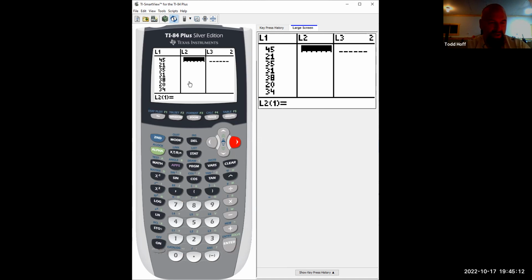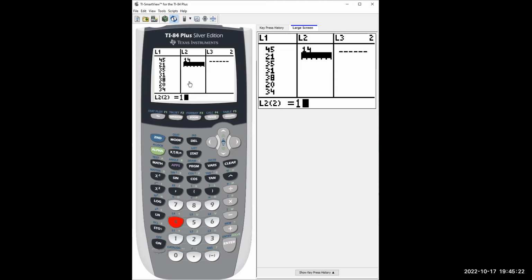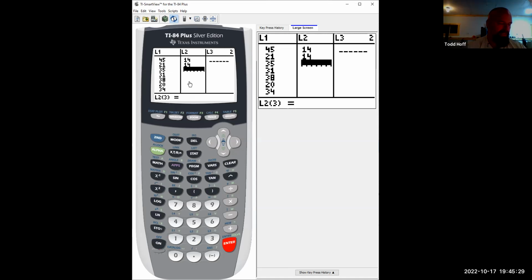List 2 then will be the other team scores, making sure we get them matched up with the right home team score. So we've got, is 38 correct? Sorry, for list 1, should it be 28? I may be mistaken. Yep, that should be 38 is correct for that. Okay, sorry, thank you.